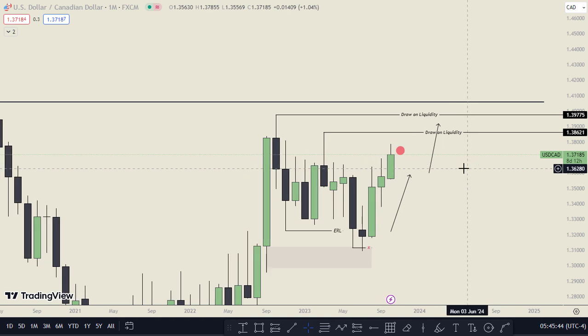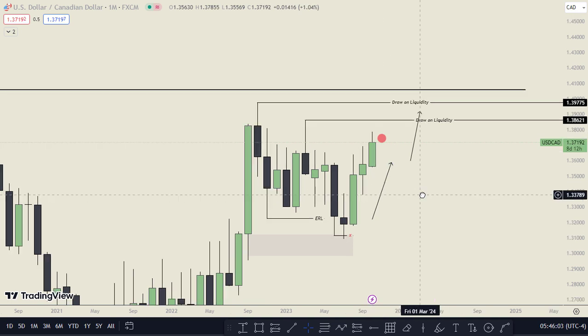Now, what I want you to do is to take only longs. On this pair, you can apply your strategy and take only longs. Don't try to take sells, only longs on this pair. Now, of course, you're not going to get that many setups a week or a month, but the win rate, I'm 100% sure that the win rate will increase.